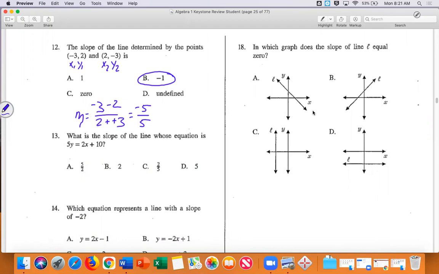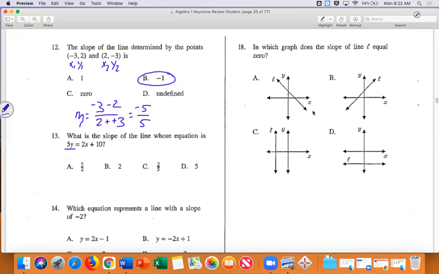All right, Kanye. With 13, remember, before we say, hey, the number next to my x is my slope, I need to make sure I get y by itself. Kanye, is y by itself in this one? What's with the y? What, 5?